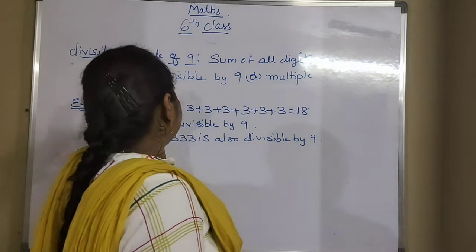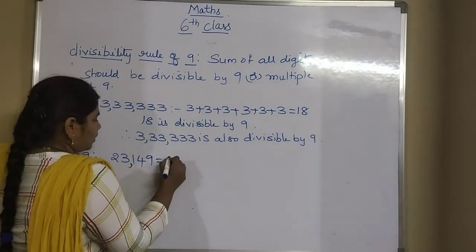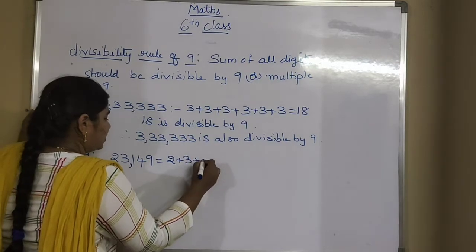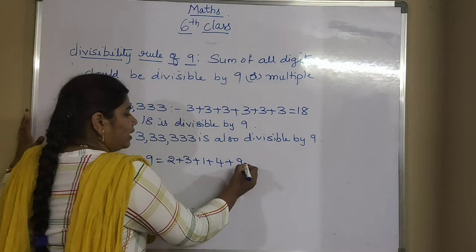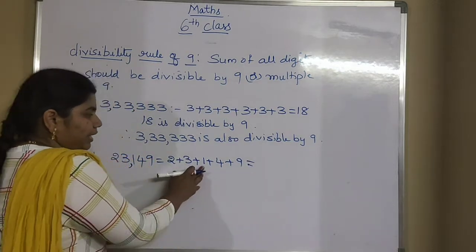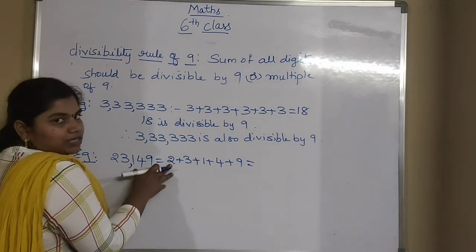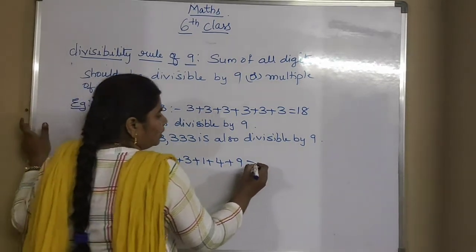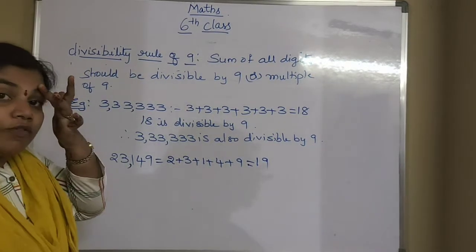Sum of all digits should be divisible by 9. So first add this all. It is 2 plus 3 plus 1 plus 4 plus 9. So if you add this, 9 plus 1 will be 10. 10 plus 3 is 13. 13 plus 2 is 15. 15 plus 4 will be 19. So 19 is not a multiple of 9.